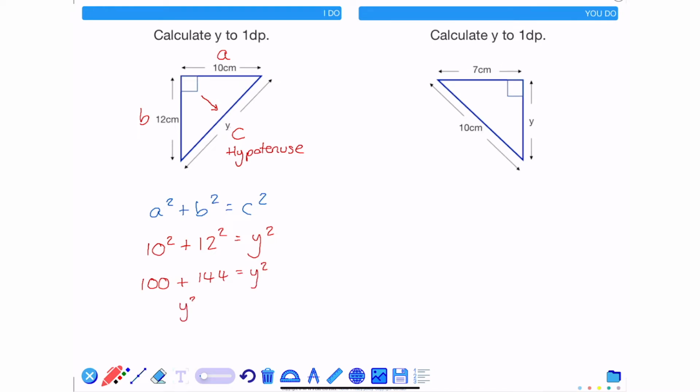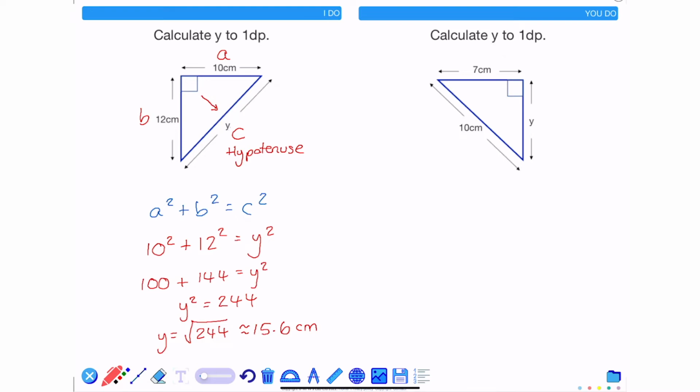So that means that y squared is the sum of 100 and 144, so 244. I needed to calculate the length of y though, and I've got that y squared is equal to 244. So taking the square root gives me the square root of 244, which to one decimal place is 15.6 centimeters.